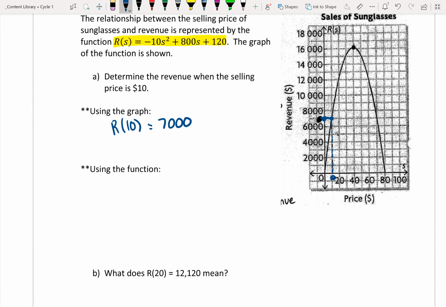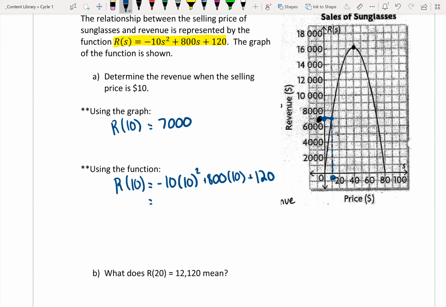If I'm using the function, I'm doing the same idea, R at 10, except instead of using the graph, I'm going to use the actual function to solve for it. Everywhere I see the S, I replace it with 10, and then I just go through and solve.